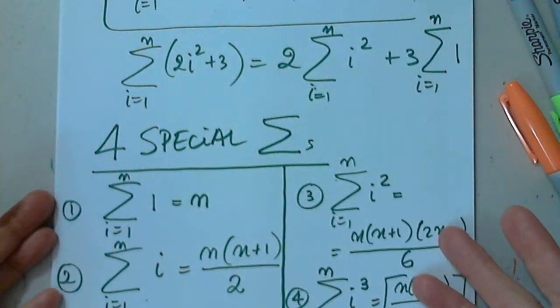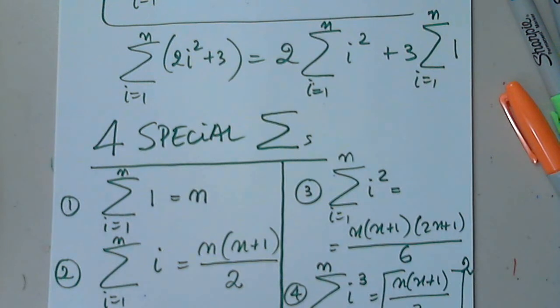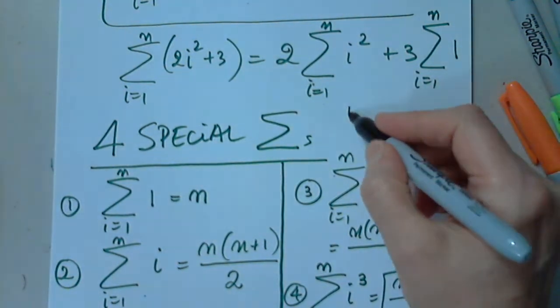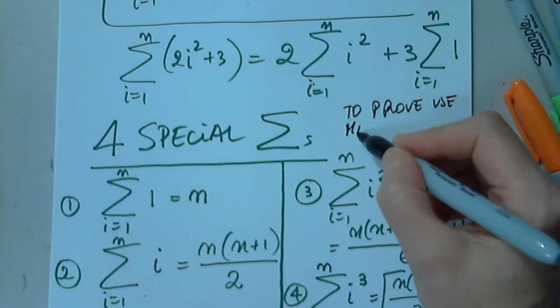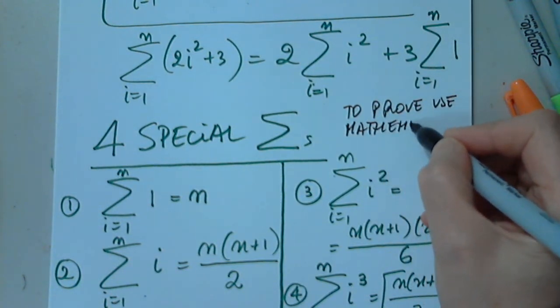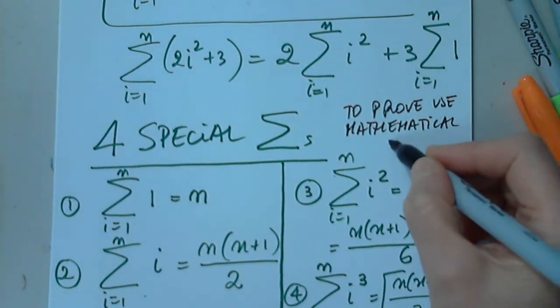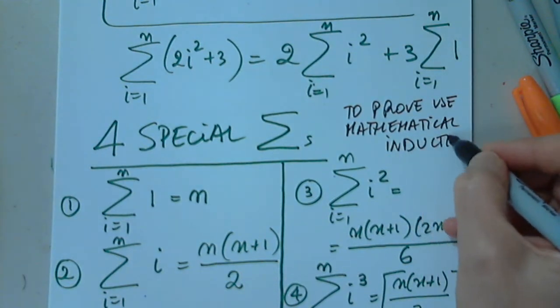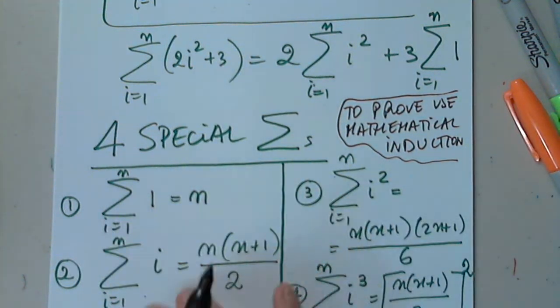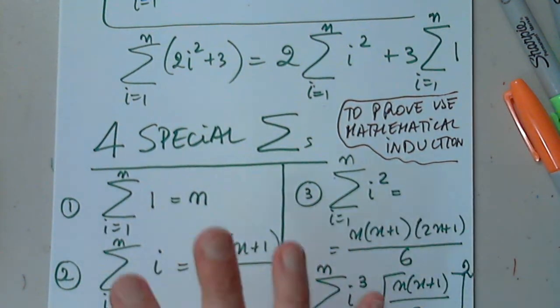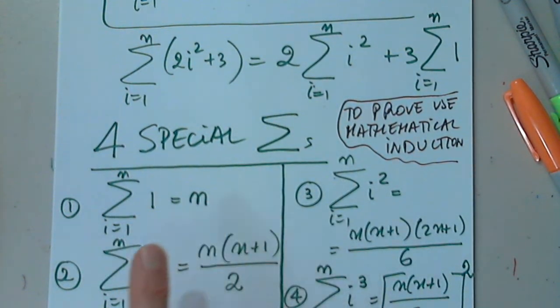If we want to prove any of these, we have to use mathematical induction. There is a method called mathematical induction to prove any of these. So the sum of 1 is n. The sum of i is n times n plus 1 over 2.